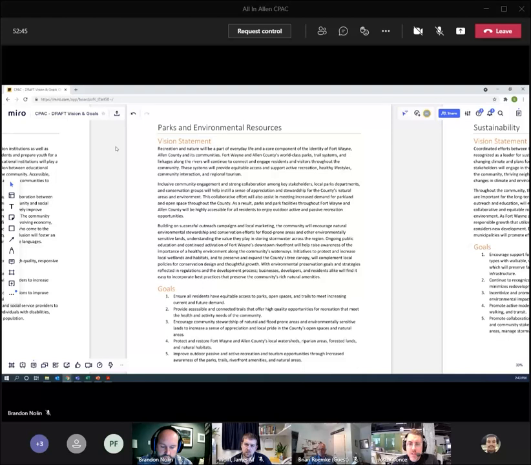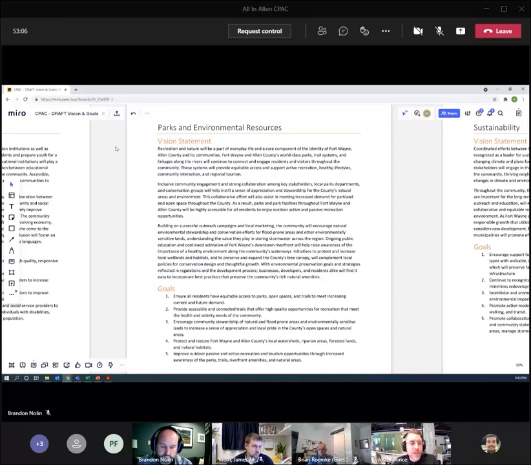So the vision statement really aims to tie together the recreation, both active and passive, that you get in the community's park system, with the natural stewardship, the open spaces that are not agricultural but are natural open spaces that need to be preserved.